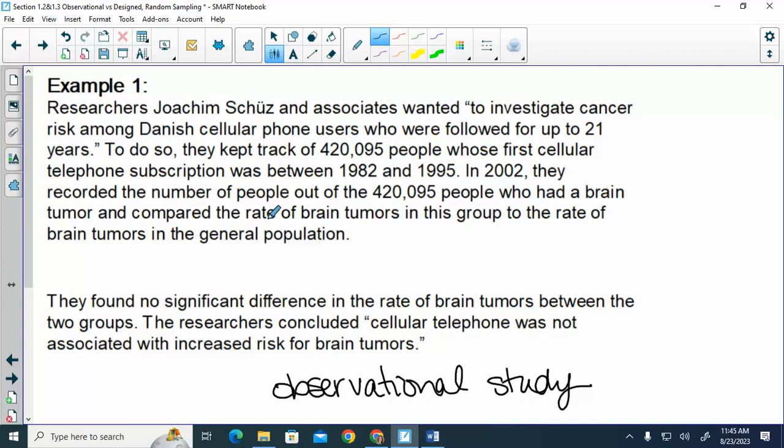You have an idea? The people? Okay. Specifically, what about the people? Their cell phone usage. So the people using the cell phone.